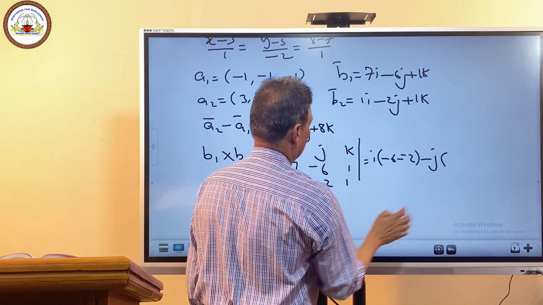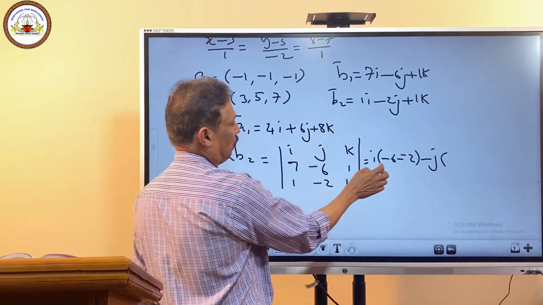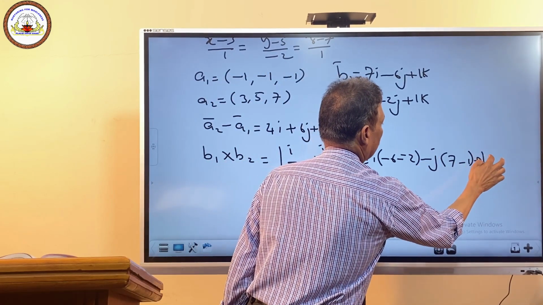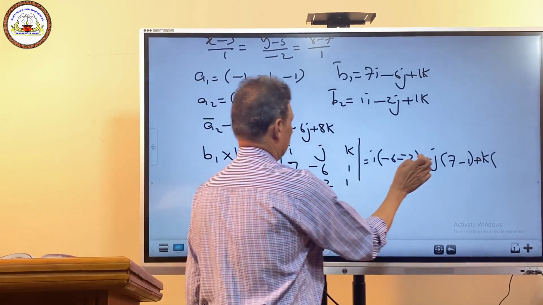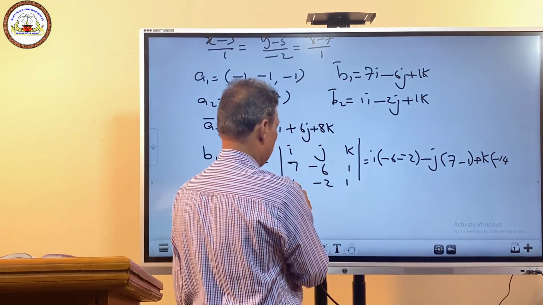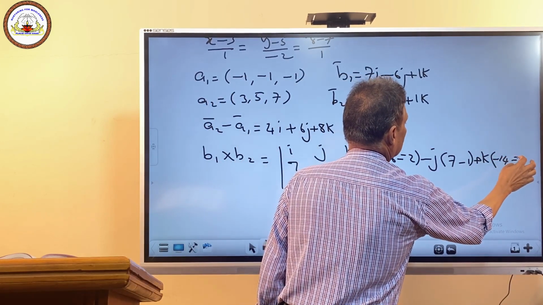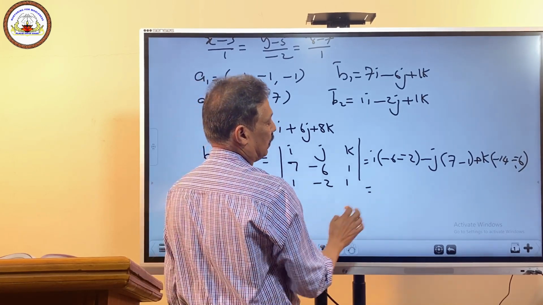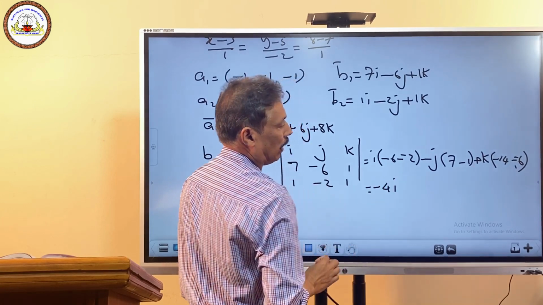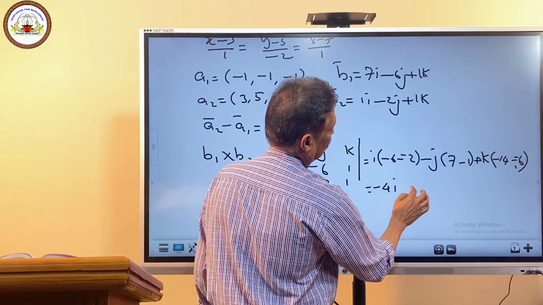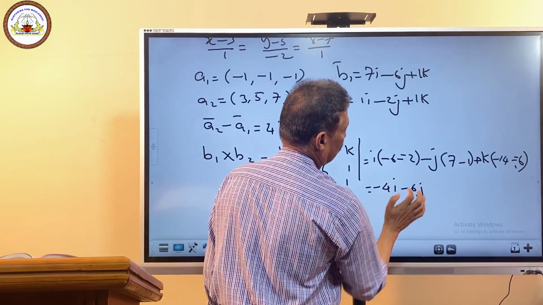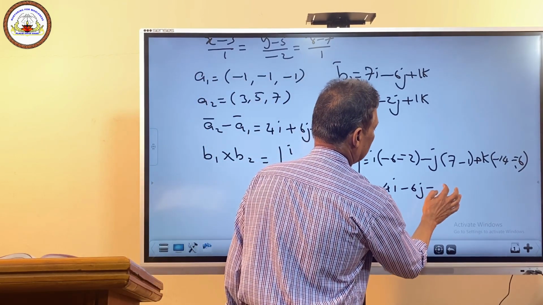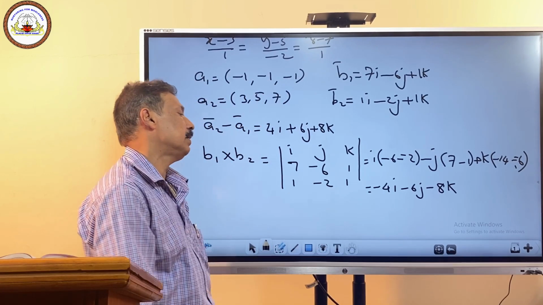Minus j into 7 into 1 minus 1. Plus k into 7 into minus 2 minus 6. That simplifies as minus 6 plus 2, that is minus 4i, then minus 6j, and the last is minus 14 minus 6 equal to minus 20k.